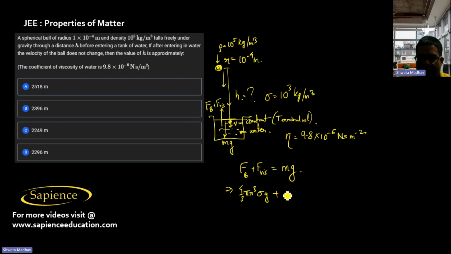Plus the viscous force, that is given as 6 pi eta r V. 6 pi eta r V should be equal to mg. Mg means 4 by 3 pi r cube volume into rho into g.